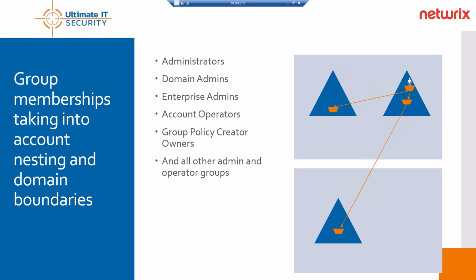And so, just think about the fact that if Bob is a member of this group that we've created, that group can be a member of a group within the same domain. And then that group, depending on if it's universal or global, can be a member of groups on other domains.